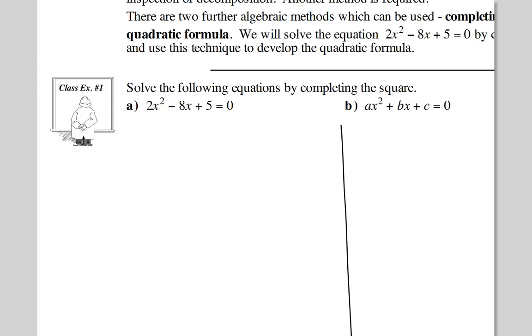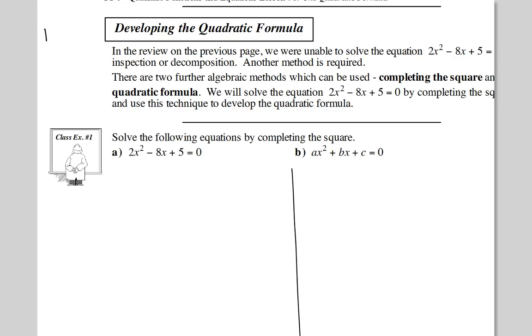So this is the second way. So the first way was using factoring to find roots. The second way is use completing the square. And that's what I'm going to show you on class example 1. And then the third way will be the formula. So you have 3, and then there's even a fourth way. You can use your calculator technology. But on the unit test, they won't let you use technology on the written response.